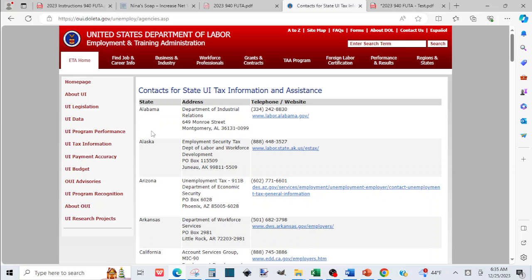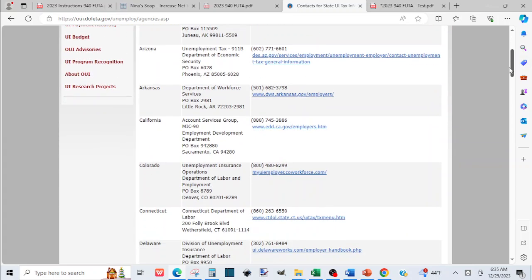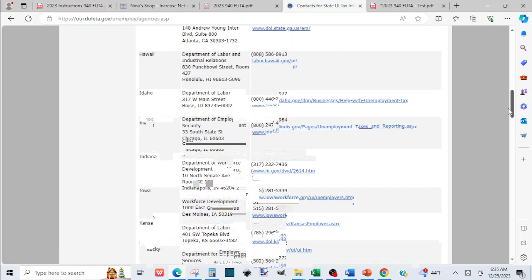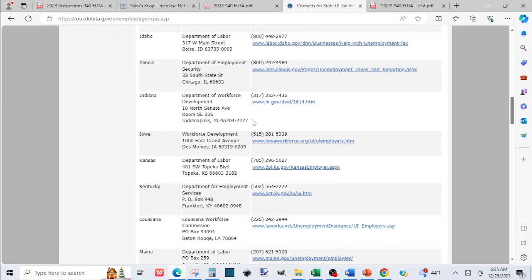But then you'll be able to try your states. Just know that you have to poke around a little bit before you find the right information, and you'll be able to call as well and ask questions. For Iowa, it's Iowa Workforce that is in charge of that.